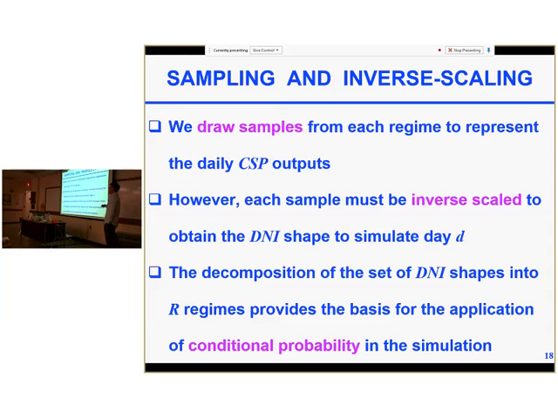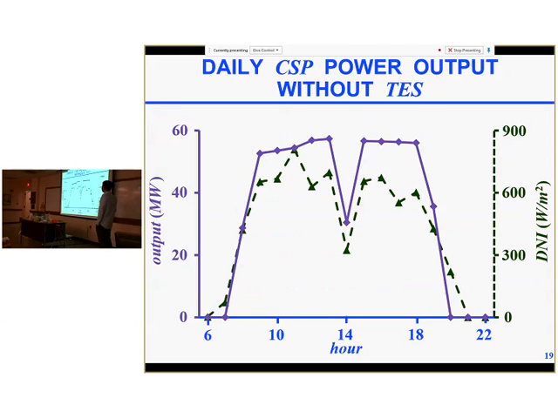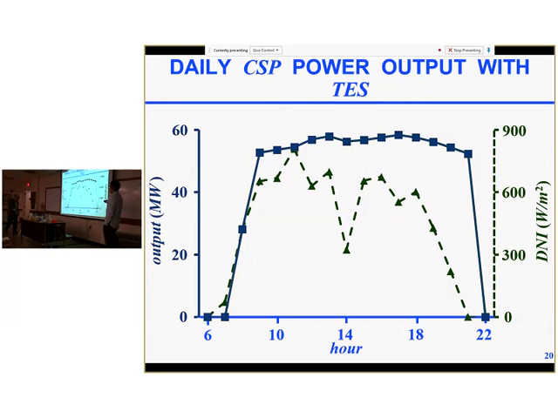Otherwise, it's meaningless. Without storage, the CSP power output is directly determined by how much solar energy we can get from the sun. With the storage, we can store some thermal energy for later use in the day, and we can shape the output as we like.